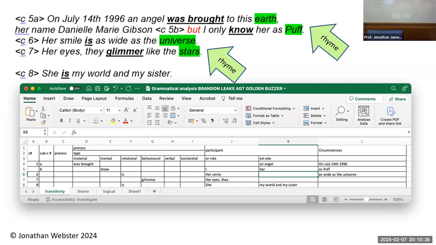I know her. Okay, these are straightforward. Relational is. I glimmer. Glimmer, I was having a bit of difficulty to decide, really, what process type was. Glimmer, I take it to be the behavior of a star. It glimmers. What is one feature of a behavioral process? It is intransitive. It is a single participant only.